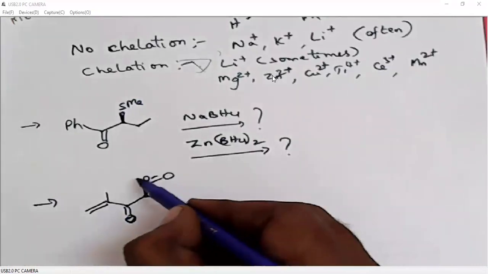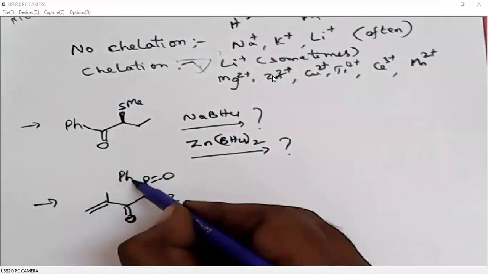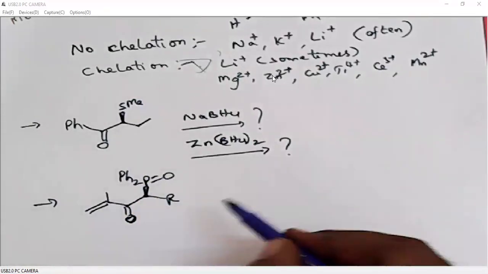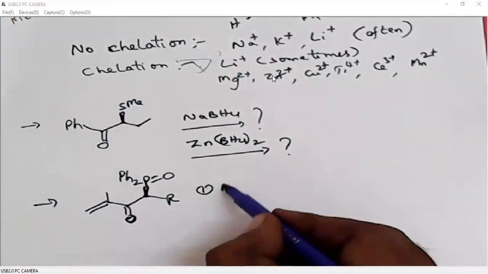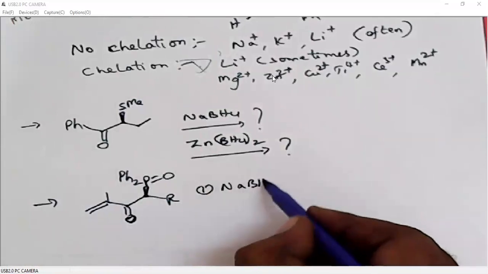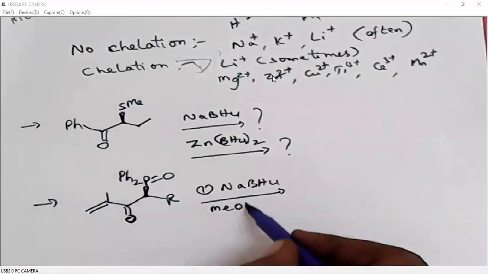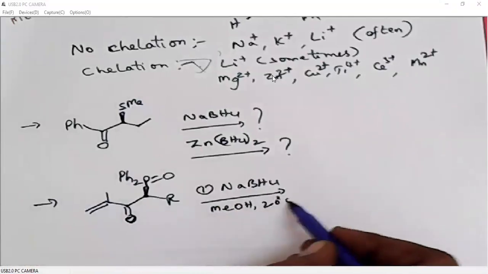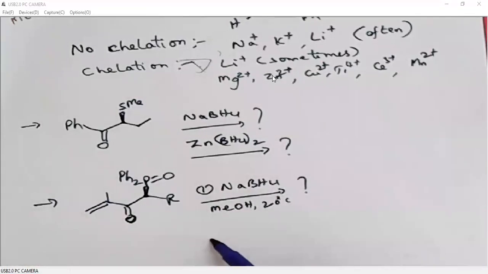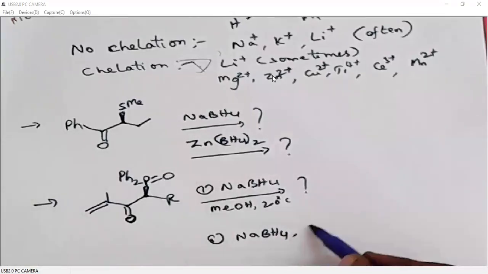Here we have phosphorus as well as oxygen for chelation. Then what is the product when we reduce it with sodium borohydride? And similarly, what is the product when we reduce it under Luche reduction conditions?